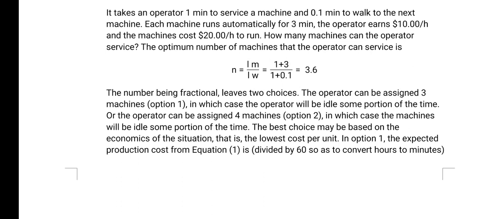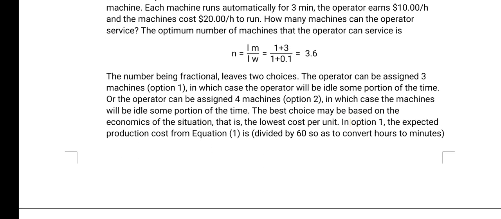So the result is 3.6. That number being fractional, that leaves two choices.